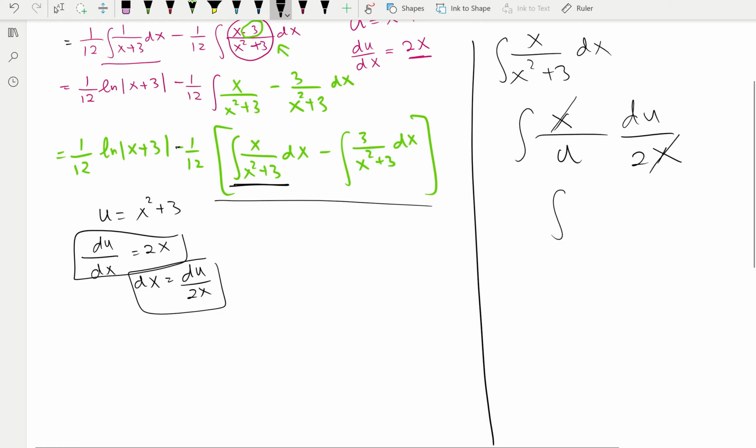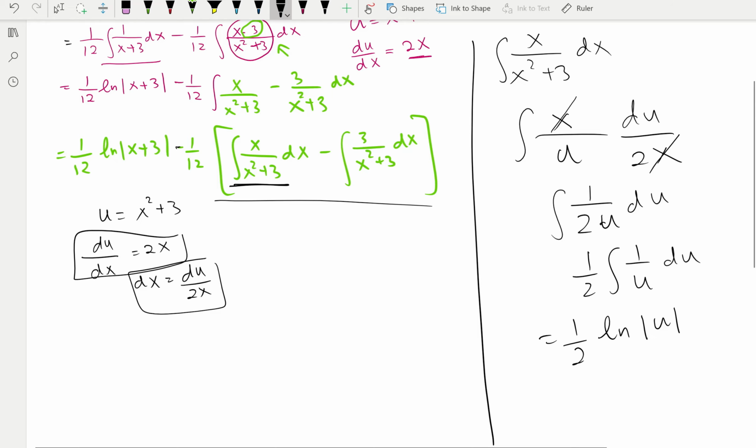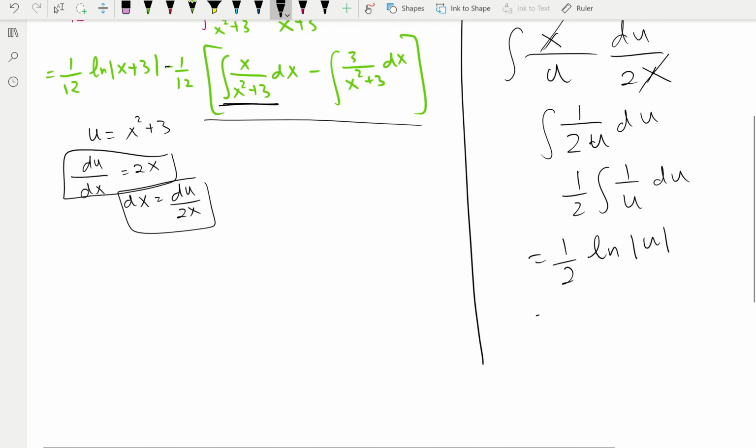What you have is 1 over 2u to integrate with respect to u. We can take half out. The integral of 1 over u is natural log absolute value of u, and u is x square plus 3. So half natural log of x square plus 3, which is always positive, so we can drop the absolute value sign. That's what we get.